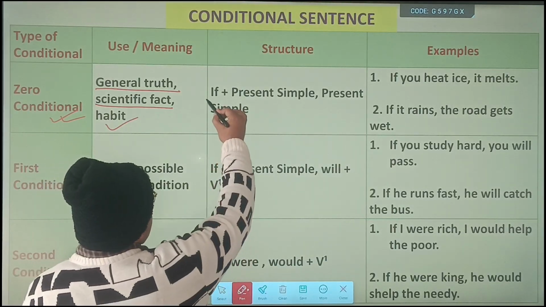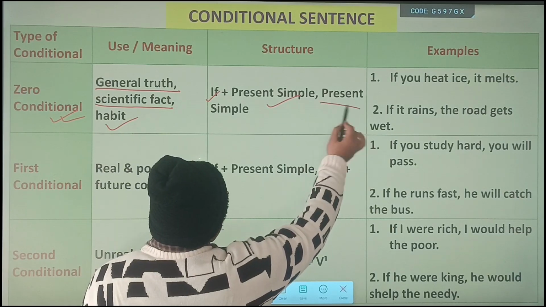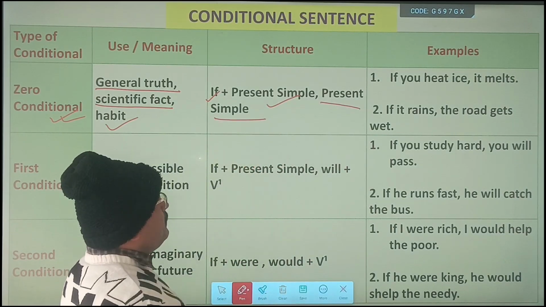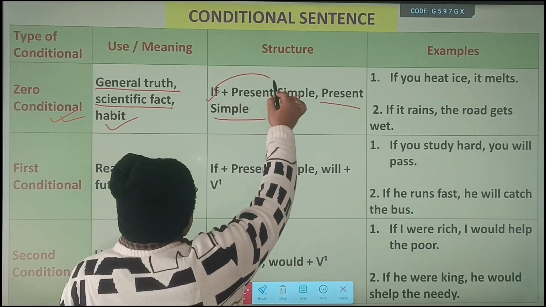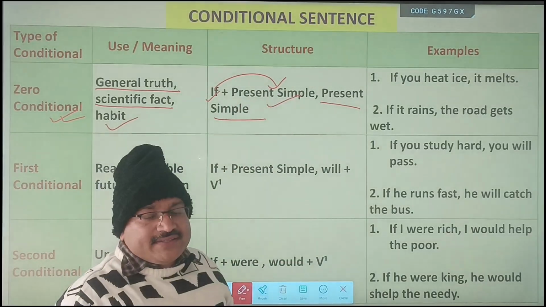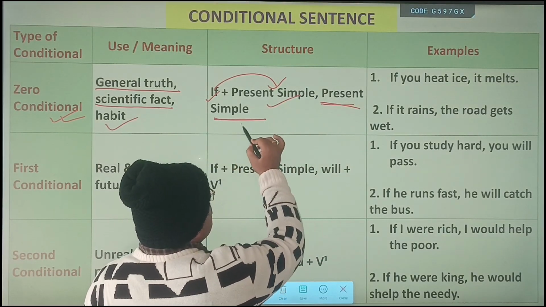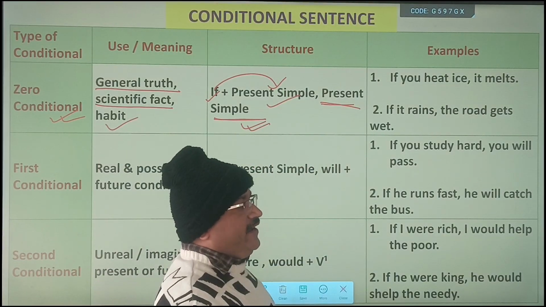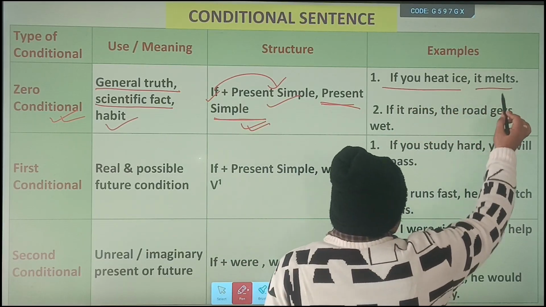What is the structure? If plus present simple and then present simple. Very simple. The structure will be if plus condition and then after the comma, again you have to use present simple only. Example: if you heat ice, it melts.